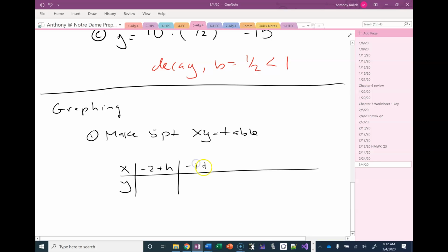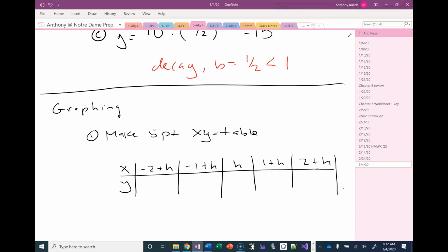And we'll pick our x's the following way. We'll do -2 plus h, -1 plus h, h, 1 plus h, and 2 plus h. That's how we'll choose our x values.